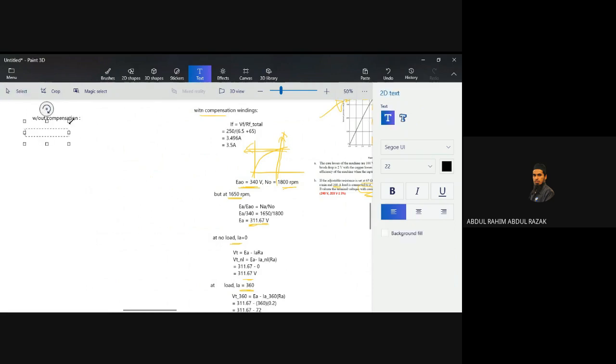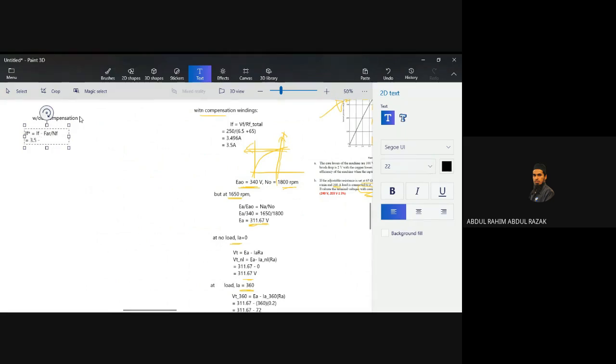So without compensation, IF becomes IF star, which is equal to IF original that you have calculated minus the armature reaction over number of field turn. So IF we have calculated just now is 3.5.